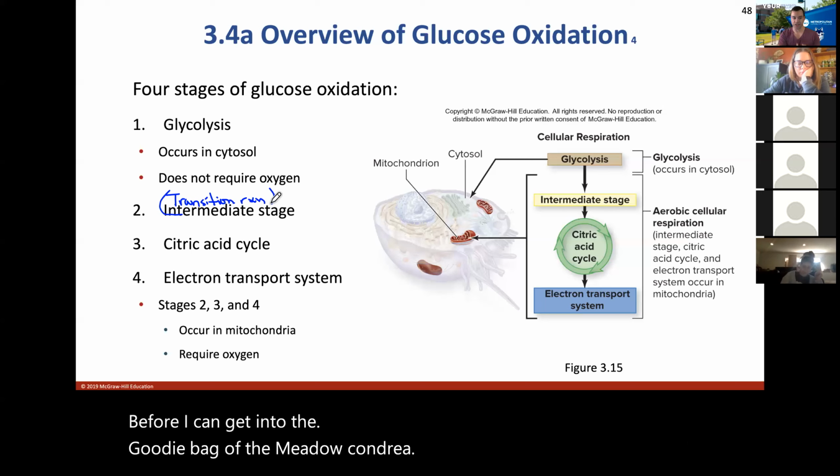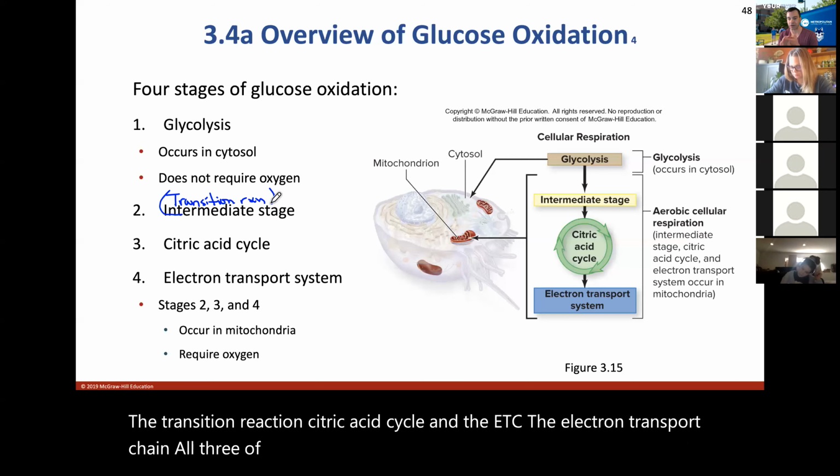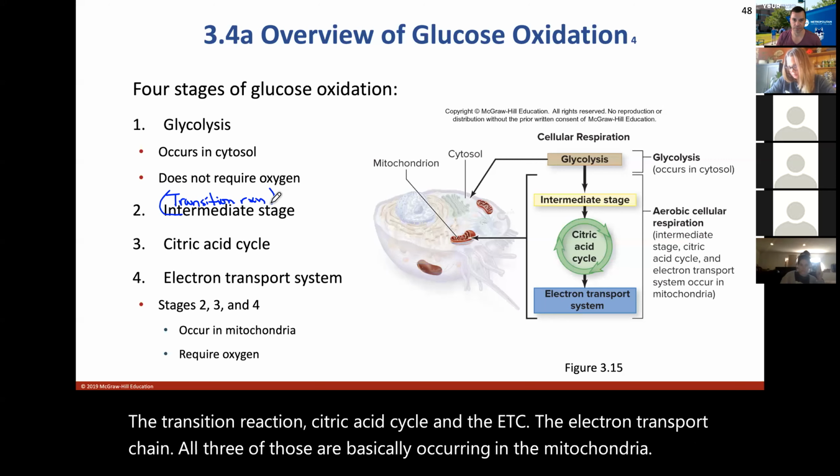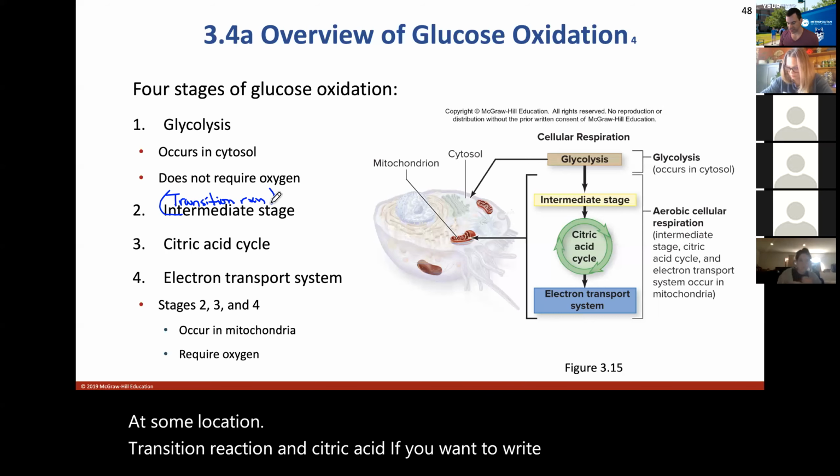The transition reaction, citric acid cycle, and the ETC, the electron transport chain, all three of those are basically occurring in the mitochondria at some location. Transition reaction and citric acid, if you want to write it down on this slide, you can.